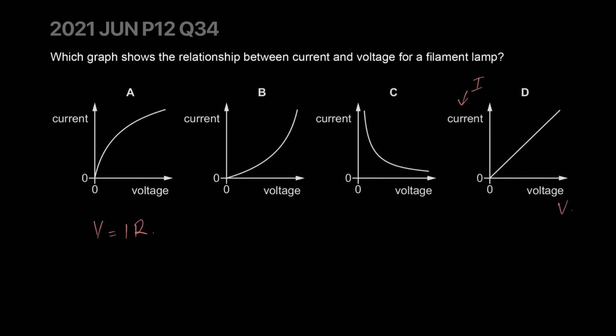Let's rearrange this so it looks like I equals 1 over R times V, where I is my y and V is my x, and 1 over R has to be my gradient, right? So this looks like the equation of a straight line with no c, no y-intercept. That means the y-intercept is 0, so it starts at the origin.